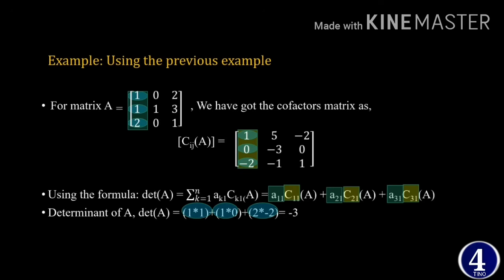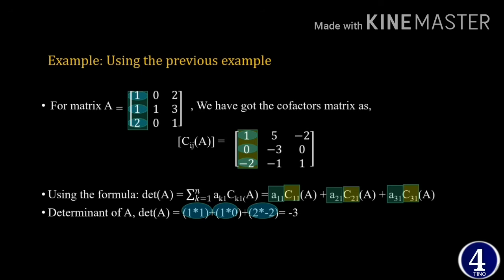Let me ask a question here. We did expansion across the first column. What if we did expansion across the first row, or expansion across the second column, or along the second row? Would we get a different determinant for matrix A? Can we find a different result for a determinant if we use expansion along a different row or a different column?